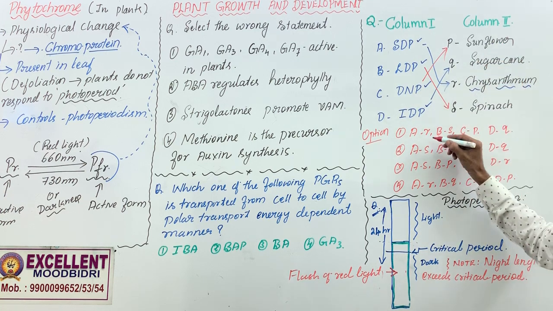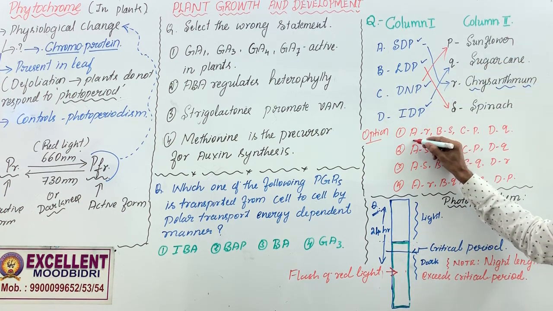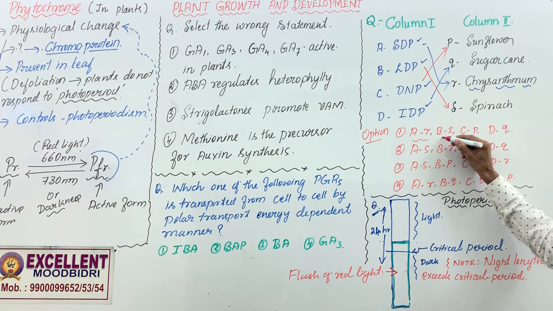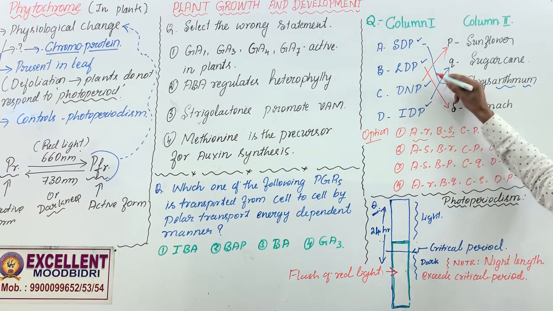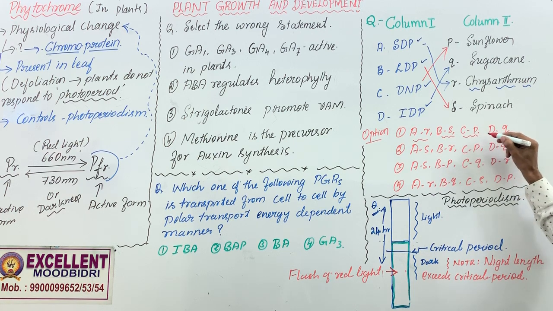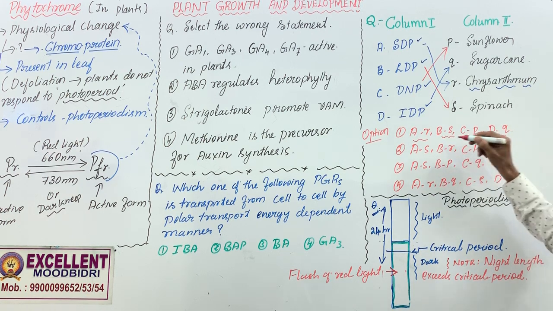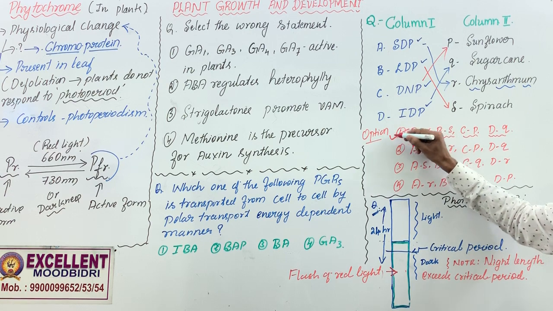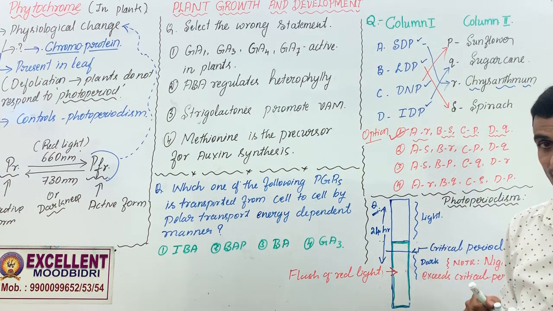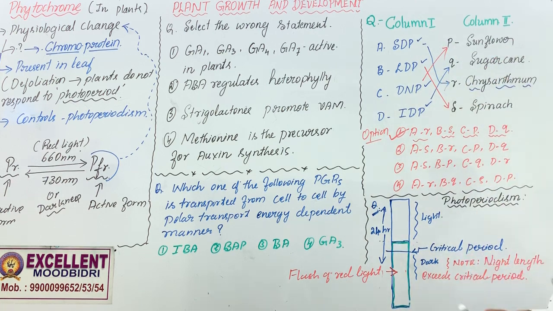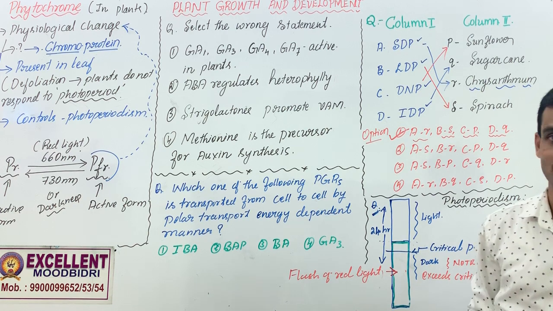So what is the correct answer here? A, R, B, S, right? Then C, P, D, Q. This is the answer. NCERT doesn't take examples of long day plants, short day plants and day neutral plants.